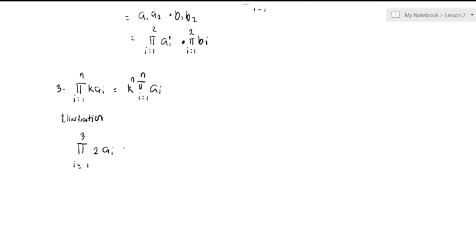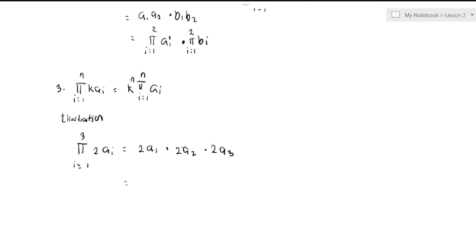Okay, so for illustration, so this is equal to 2A sub 1 times 2A sub 2 times 2A sub 3. Okay? And as you can see, hindi naman to addition na ipa-factor out natin yung 2.